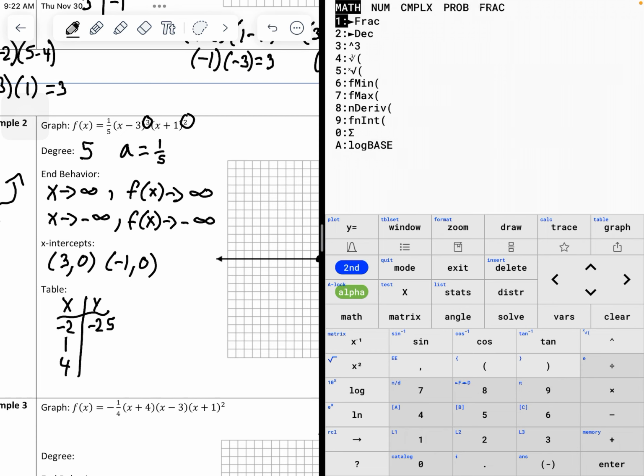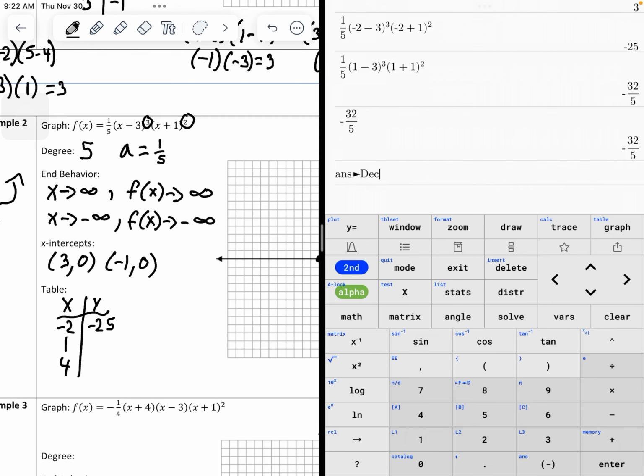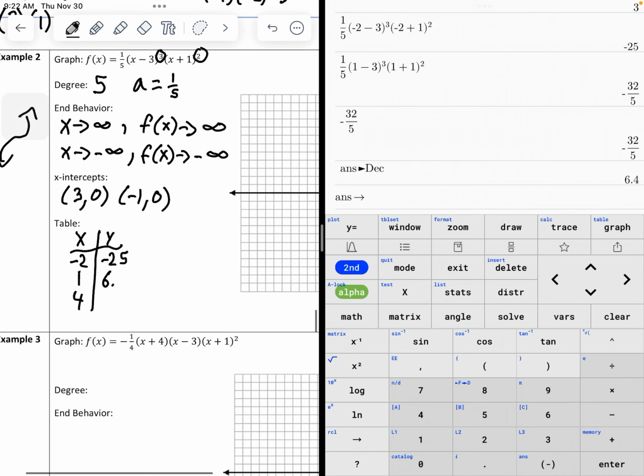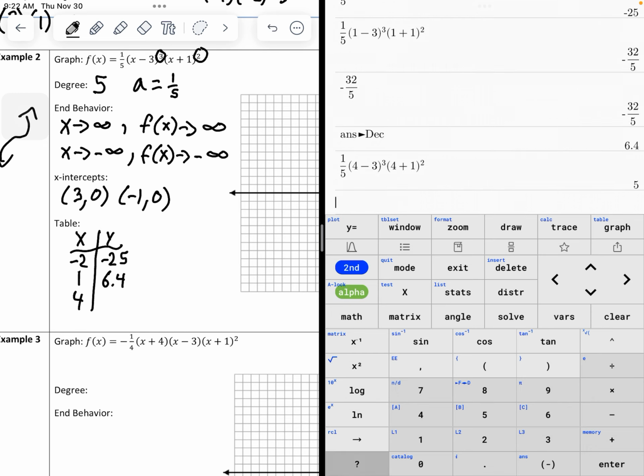You want the decimal, it's 6.4. Okay, now I'm going to copy this one more time and just hit enter if you want. And now the last one I'm going to do is change this to 4. And we get exactly 5.